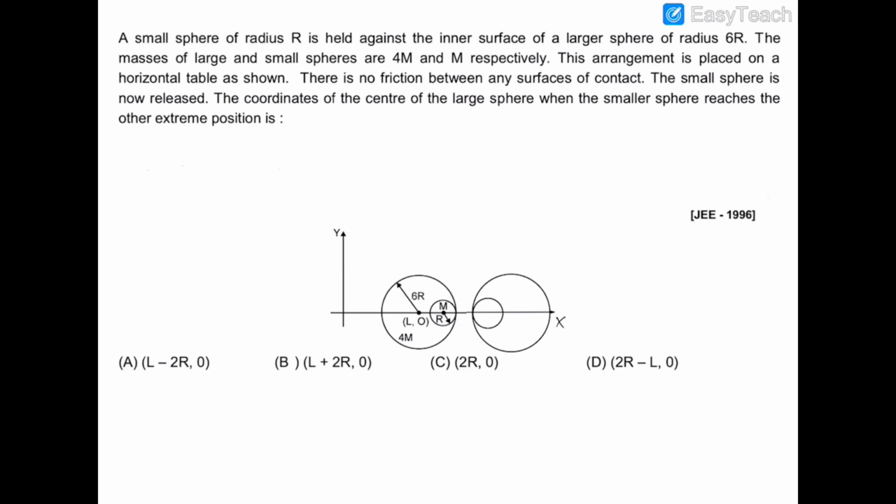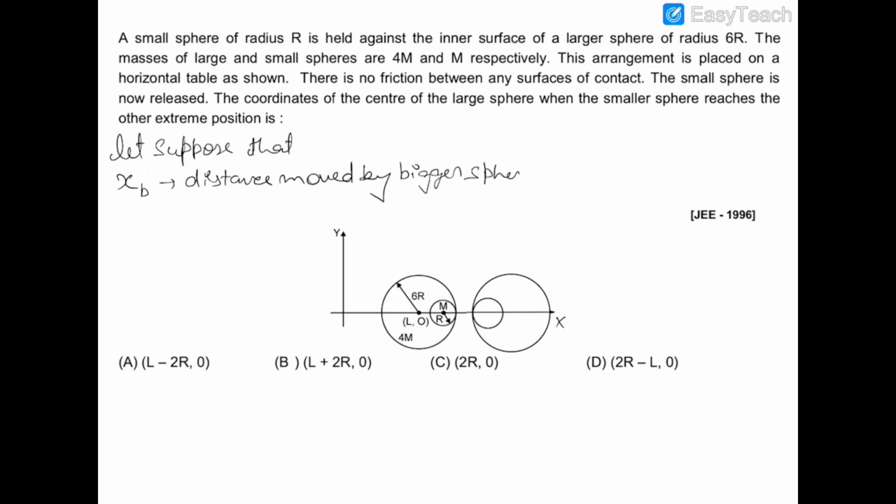And let's suppose that xb is the distance moved by the bigger sphere in the front direction, and xs is the distance moved by the smaller sphere in the backward direction.